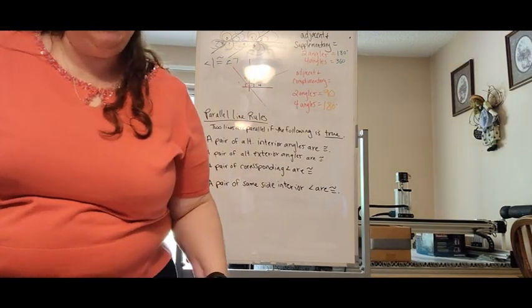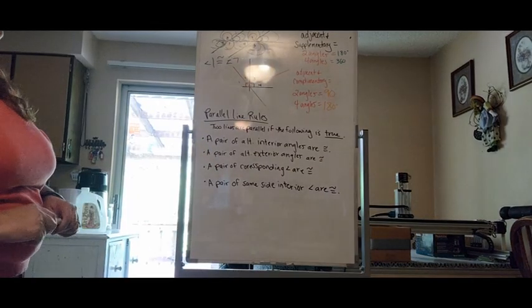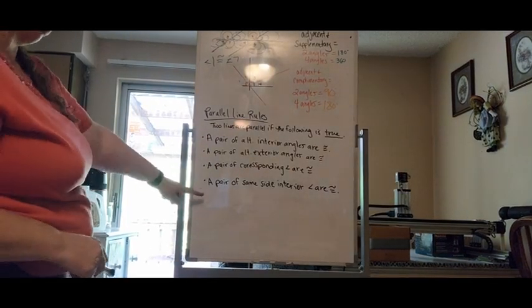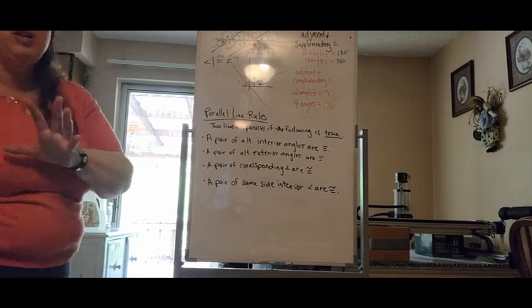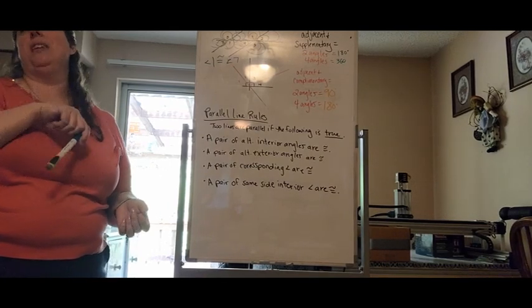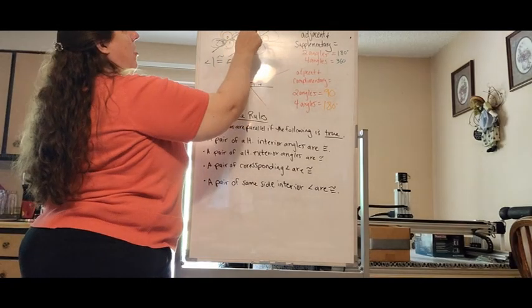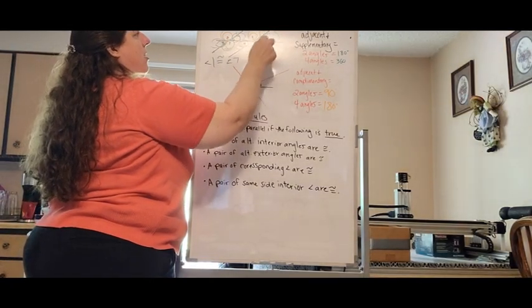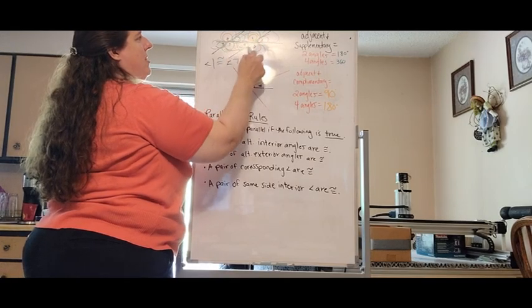Okay, so everybody understands this. Oh, also a pair of same side interior. Matthew, remember when you were having such a hard time with the alternate? You kept doing same side. So same side means on the same side of this line, the same side of that line.